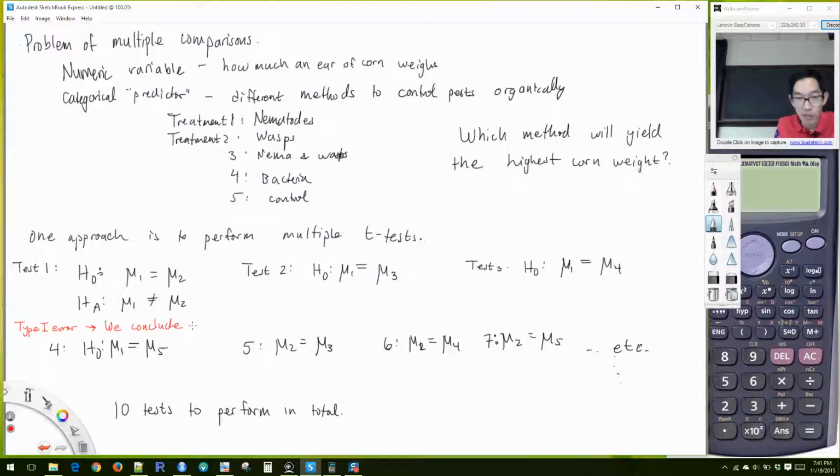Okay, so we conclude there is a difference between the yields of using nematodes and wasps. Okay, but the reality is what?